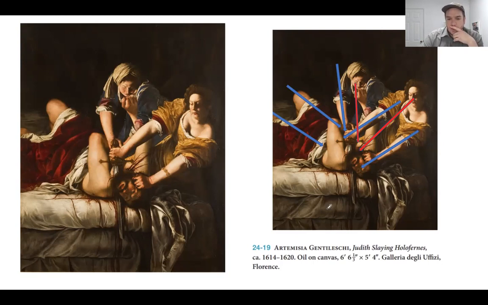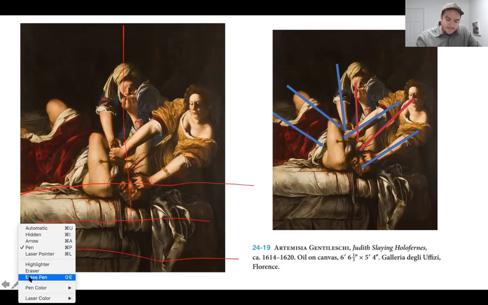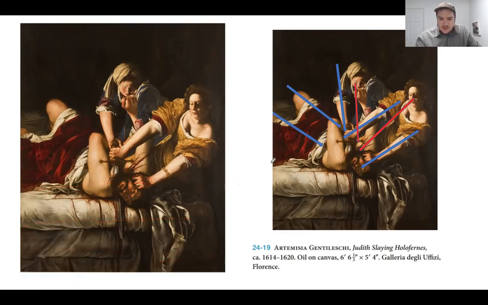This is some kind of inverted high Renaissance triangle going on, also divided by the straight lines of the bedding here. So you get this super organized version of this painting.